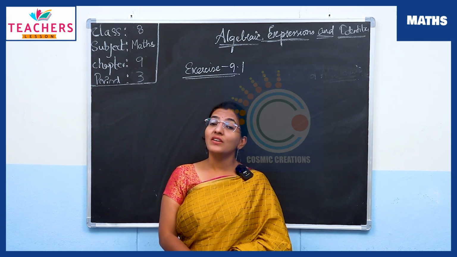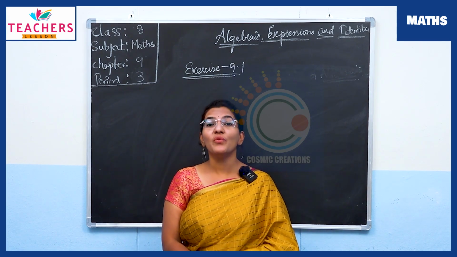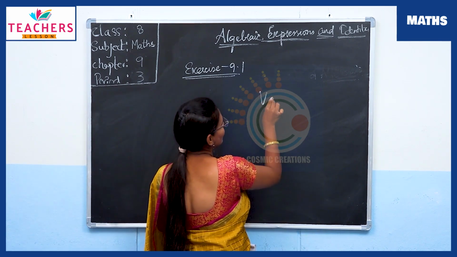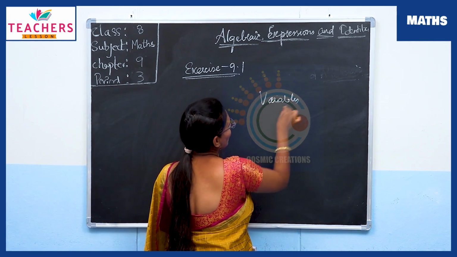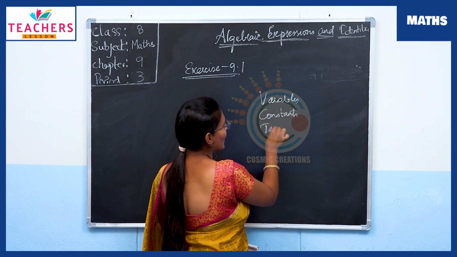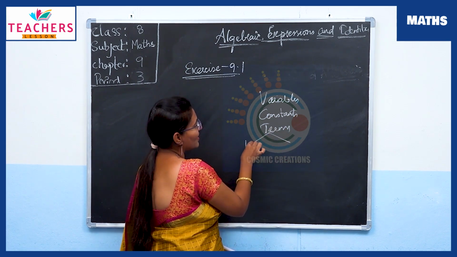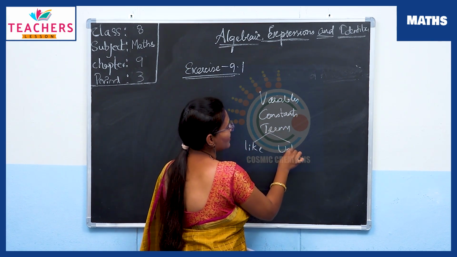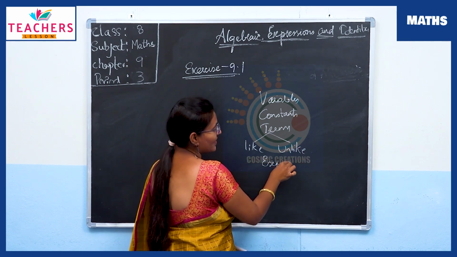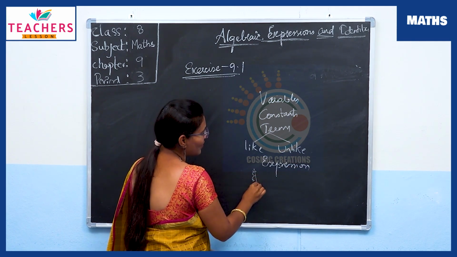We have learnt about variables and constants, and what are terms, and in terms we have seen two different types. What are those? Like terms and unlike terms, isn't it? And then we have learned what is an expression, and then we have gone to algebraic expression, right?